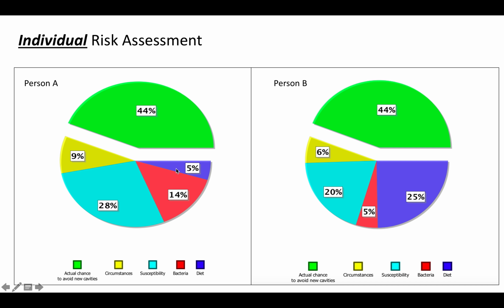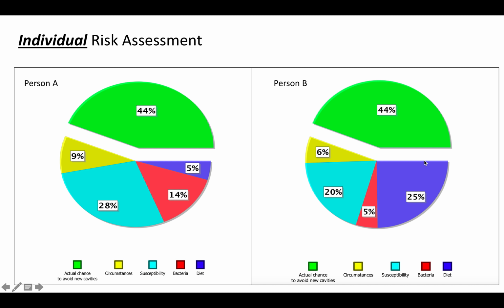It only contributes 5% to their risk. Whereas in fact, this person here, we would be more concerned about the bacteria in their mouth and their saliva health than we would about what it is they're eating. Whereas with this person, we'd be more concerned about what it is they're eating.